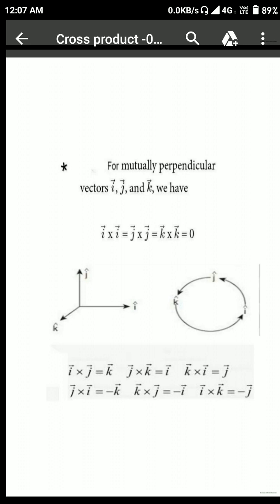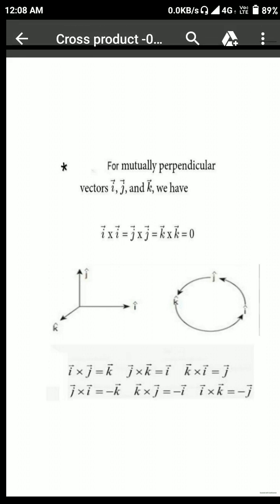If you travel in opposite direction, that is from J to I, or I to K, or K to J, in that direction, then there will be a negative quantity. So J cross I is equal to negative of I cross J, that is minus K. Again K cross J, that is negative of J cross K, is equal to minus I. Similarly, I cross K is equal to negative of K cross I, that is minus J.